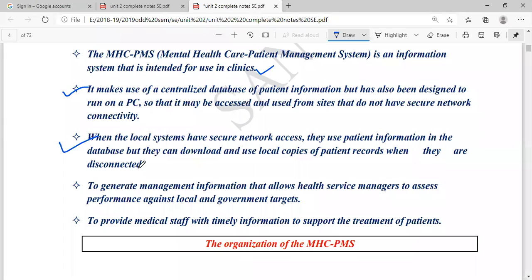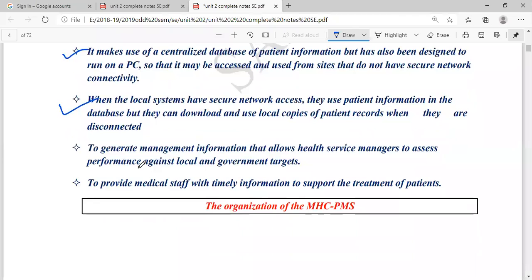It means the data of the patient who is visiting clinic number 1 is available locally, as well as in the server. So that patient's data can be accessed locally as well as from the main server.